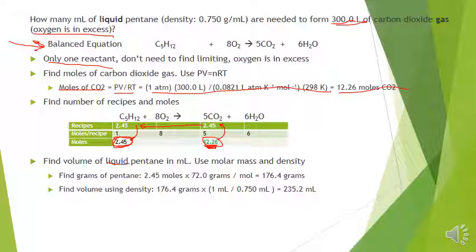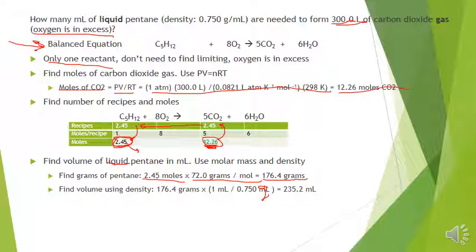So we're going to use this number to figure out the mass, and then from that, we're going to use density to figure out milliliters. To figure out the grams of pentane, we take the moles times the molar mass, and you get 176.4 grams of pentane.